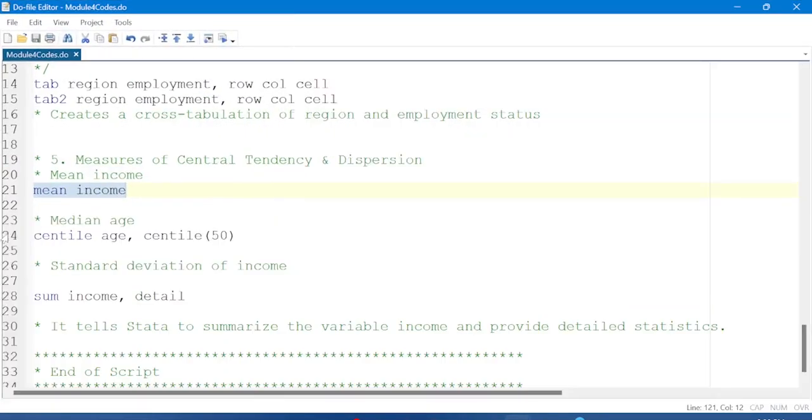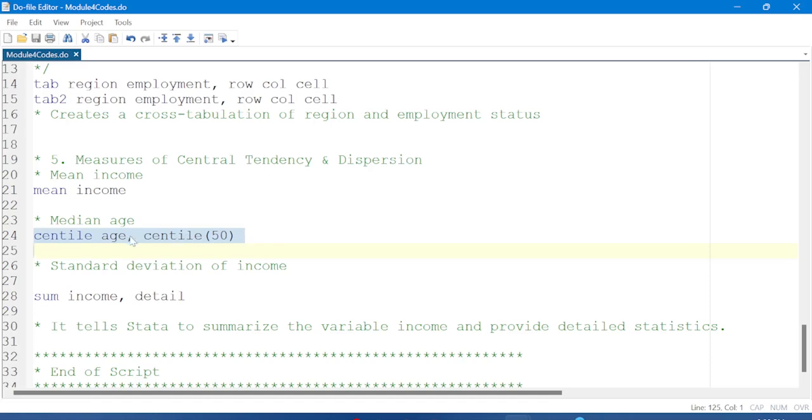And now we can also get the 50th percentile, and in STATA we use centile instead of percentile. So you just need the command centile. For example, we need to get the middle person or the middle age, so we are looking for the median of age. It will be centile age, comma centile 50.